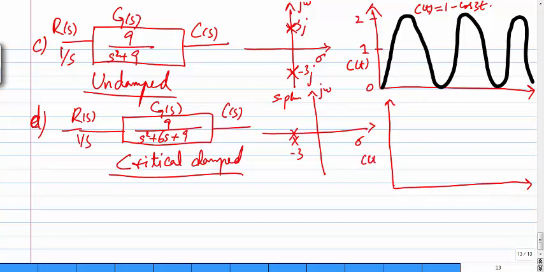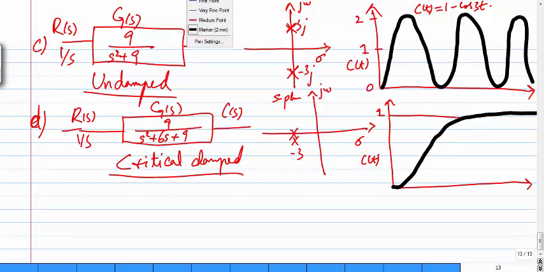So this is my c of t. If this is my 1, critical damp means you start from here and you reach 1. This response is known as critical damp.